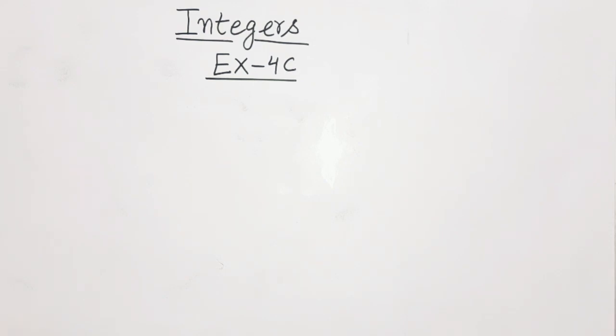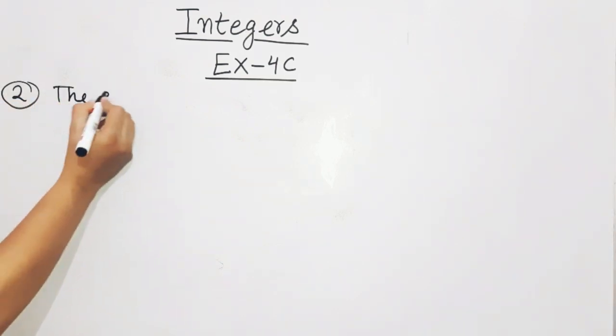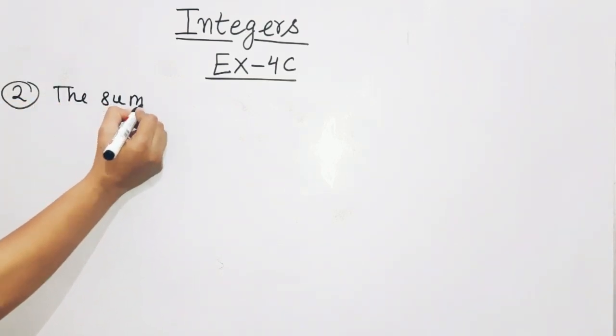Okay. Now I am going to explain question number 2. What is question number 2? Question number 2 says: subtract the sum of minus 1050 and 813 from minus 23. ठीक है? You have to catch the keywords given in the question.